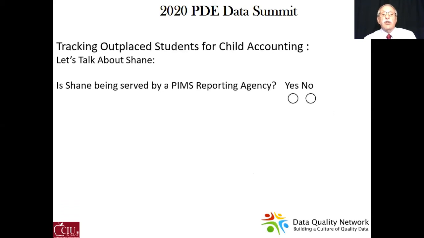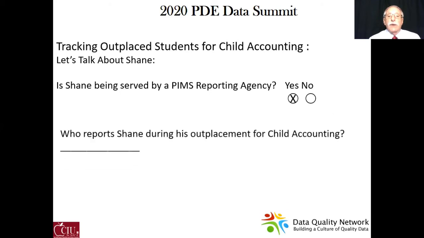So let's talk about Shane. Is Shane being served by a PIMS reporting agency? Well, if I remember correctly, he's being served by IU8, and we know that IUs report to PIMS, so the answer is yes. So I just gave you the answer. Who reports Shane during his outplacement for child accounting? We know that IU8 reports him.